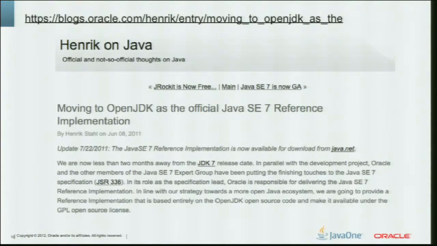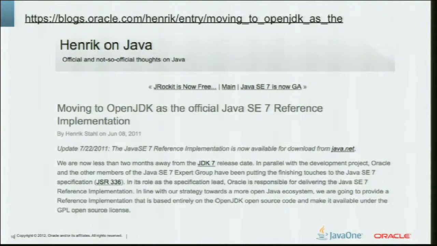A reference implementation is the technical term in the JCP, and it basically means that we announced that we're going to provide a reference implementation for the new Java platform based entirely on the OpenJDK open source code and make that one available under the GPL open source license.